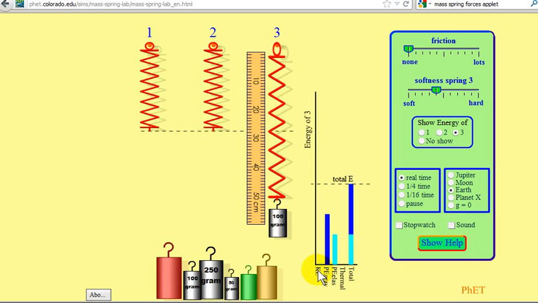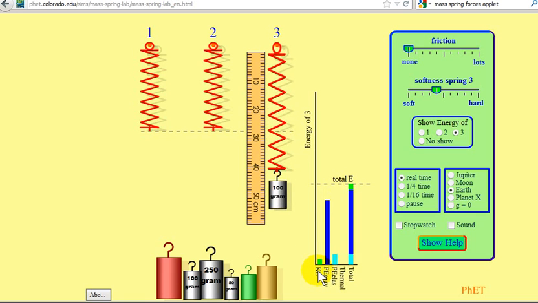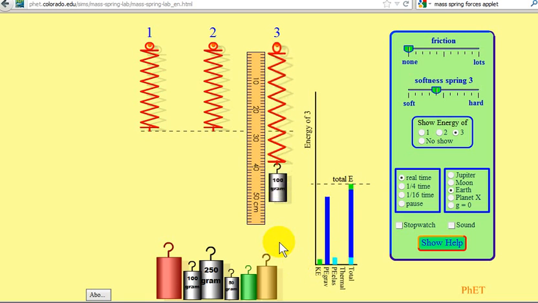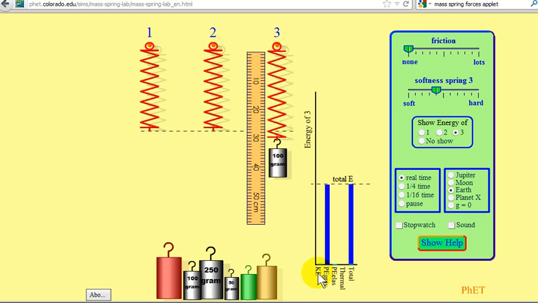The kinetic energy of a mass is a half mv squared. The kinetic energy is always positive. Mass is positive and v squared is always positive. So if we get the square of the speed, we have the kinetic energy. So when the kinetic energy is zero, it means the speed must be zero.